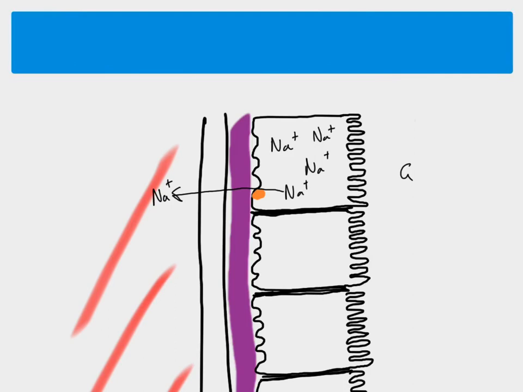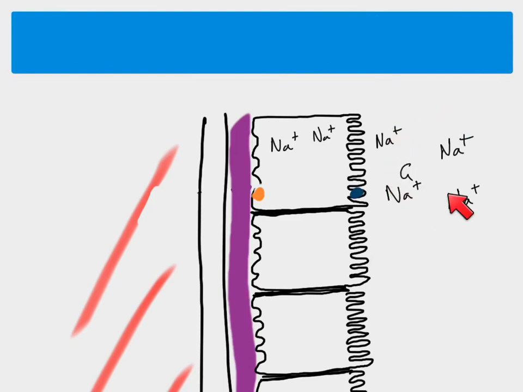Okay, so sodium is pumped out. What that means then is that the concentration of sodium inside the cell is going to decrease. We know that we've also got lots of sodium in our filtrate. So because sodium has moved out into the capillary by active transport, and that has reduced the concentration of sodium inside the cell, that means we now have a concentration gradient.